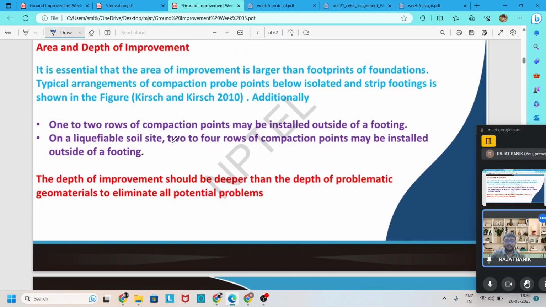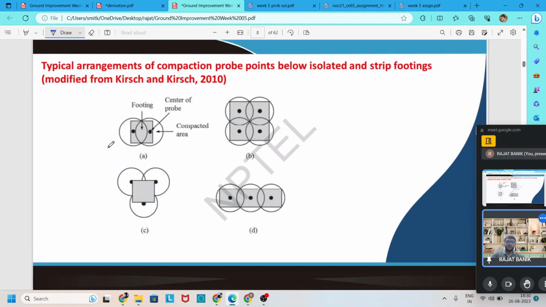In the next slide, you can see that we draw some figures where the rectangular or square box is nothing but the footing. In this footing, one or two compaction points are happening. The influence area should be greater than the footprint or area of the footing.